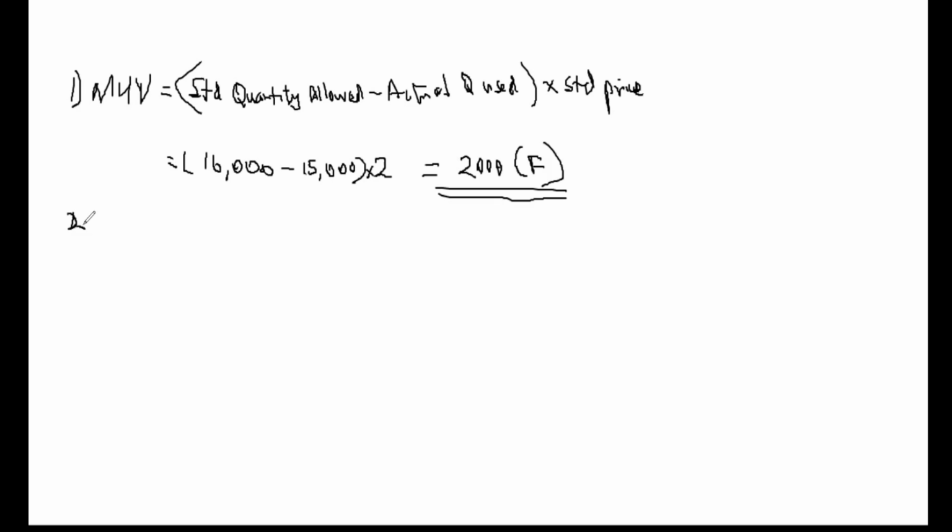Now 2, wages efficiency variance. We know it's given as standard wages allowed: standard hours allowed minus actual hours worked.